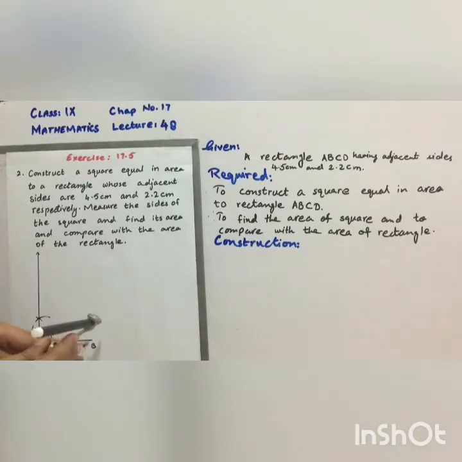With center B and radius 2.2 centimeters, mark an arc. Then with center A and radius 2.2 centimeters, mark another arc which will cut the terminal arm of the angle at a point we may say D.